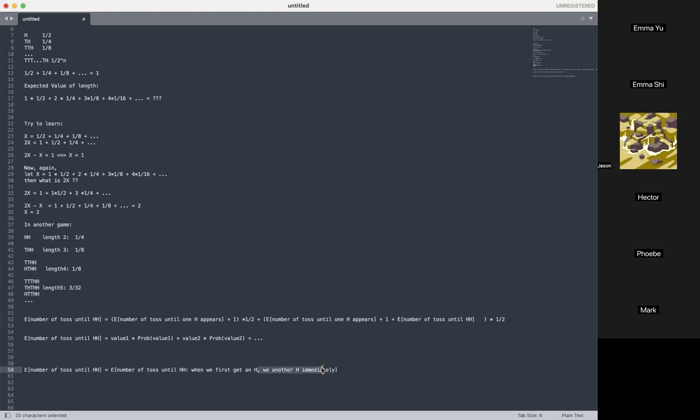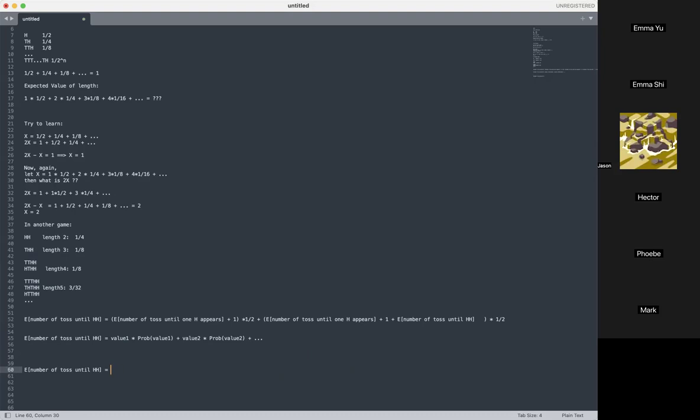And how to calculate this? Let me think how to say this. Let me see the value. Actually, let me write it this way.